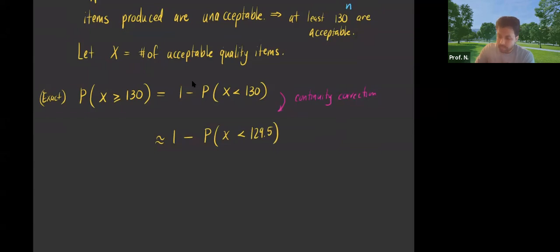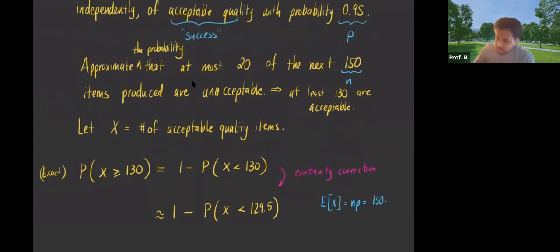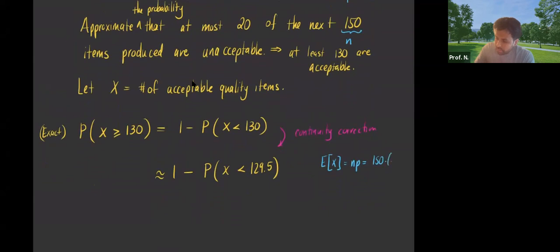And now we want to find the expected value, which is NP, right? So this is 150 multiplied by 0.95, which is 142.5.